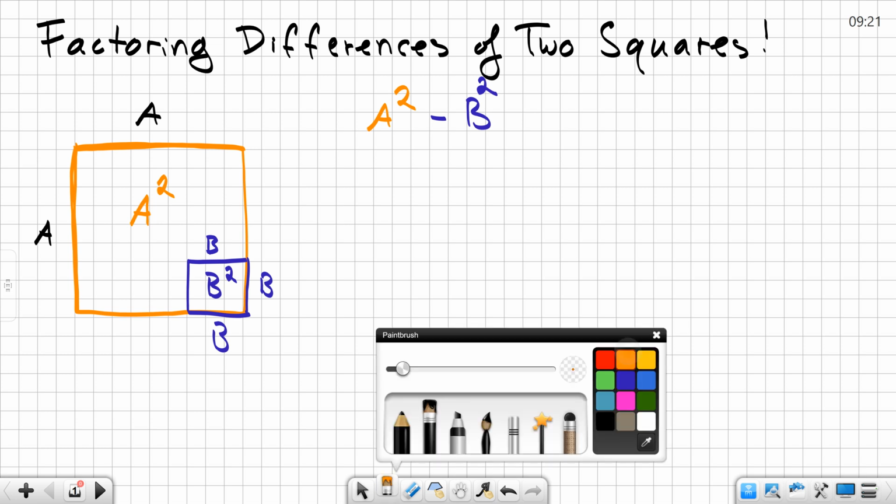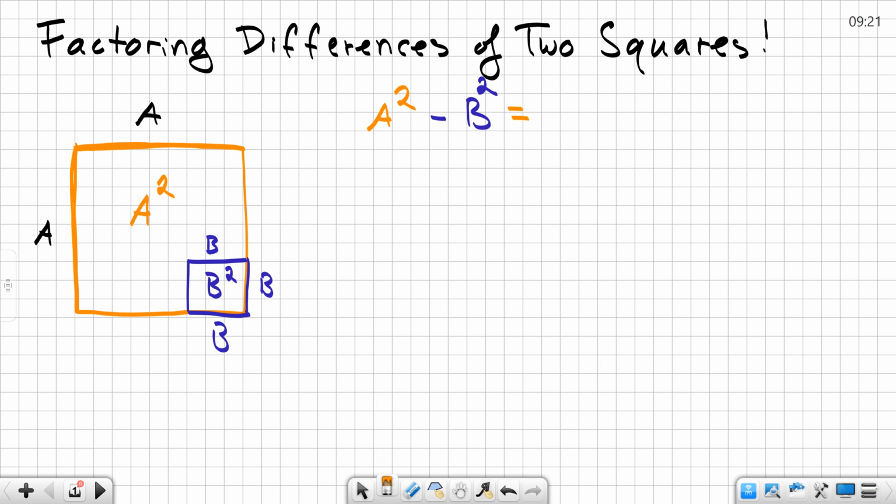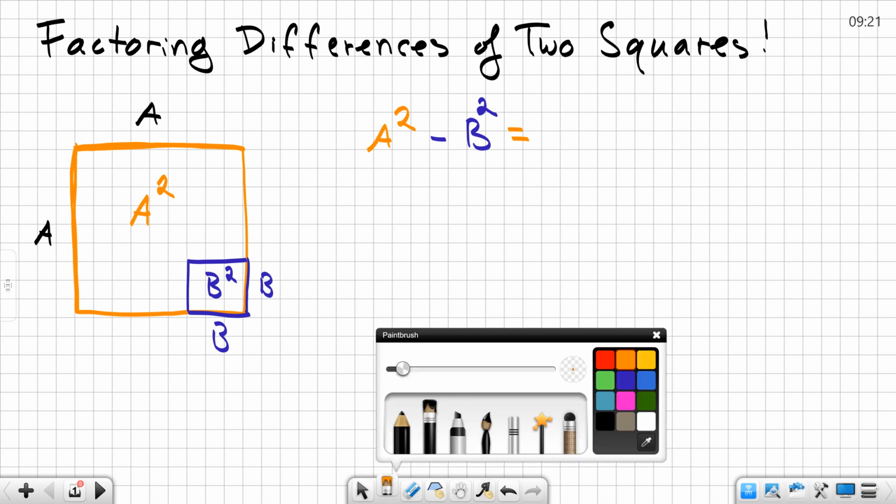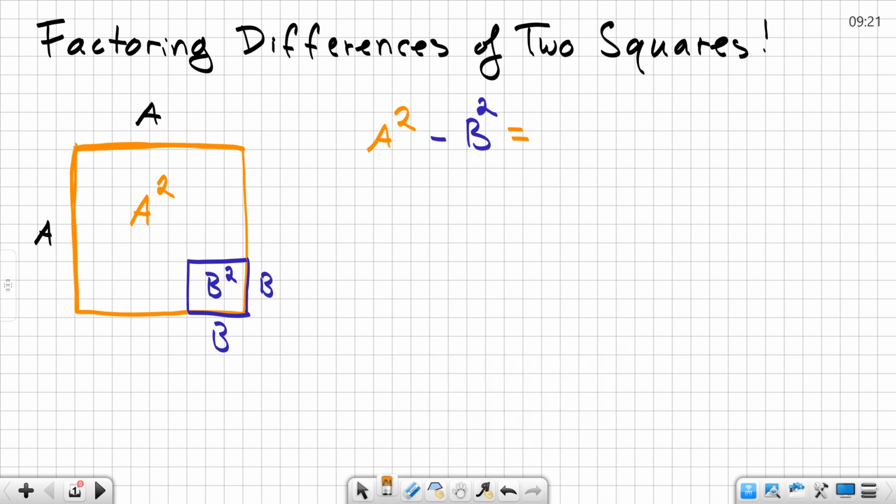The question is, what is this going to be equal to? How can I write this? So if I just focus on my square right here, then I can do this. If I pretend I actually have a piece of paper in my hand, then I could cut this in this form.